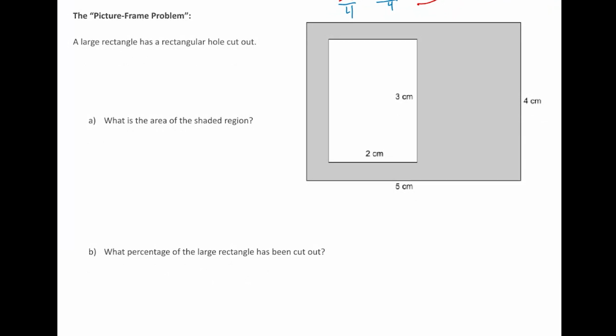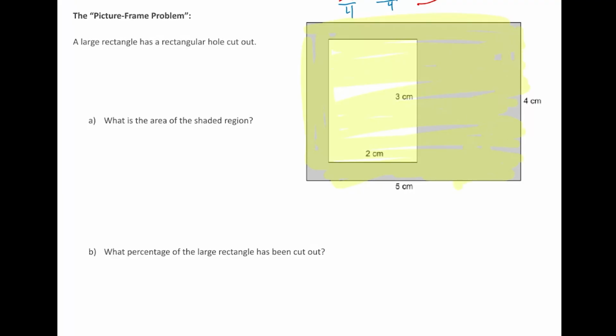So we've got a rectangle with a rectangle missing. And so the overall strategy for finding this shaded region is to take the area of the big shape and find basically all of this area, including what's missing. So find this total area, and we know how to find the area of a rectangle, just base times height.